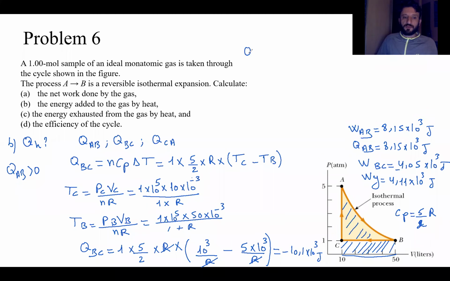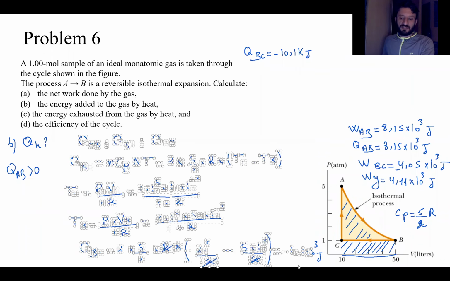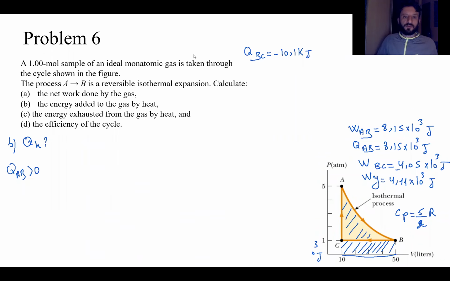We have QBC equals minus 10.1 kilojoule. It's a negative value, so it's Q cold. It's not Q hot. We calculated QAB. We calculated QBC. We have to calculate QCA. It's an important problem to practice the calculation of heat.